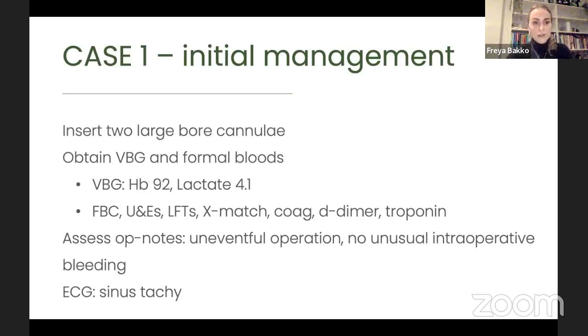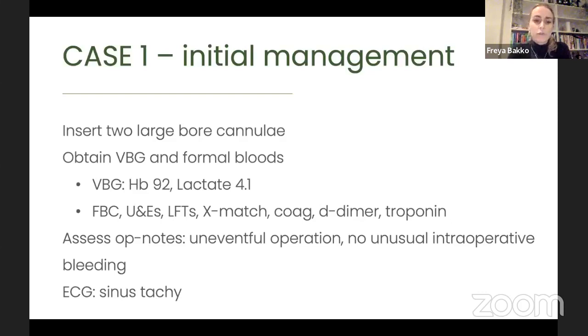At this time, you should think about contacting your senior, and you should potentially already have bleeped your senior in order to alert them of the fact that we have a post-op patient who is at risk of complications, for example, bleeding. Whilst you're waiting for your senior to come, you can assess the op notes.